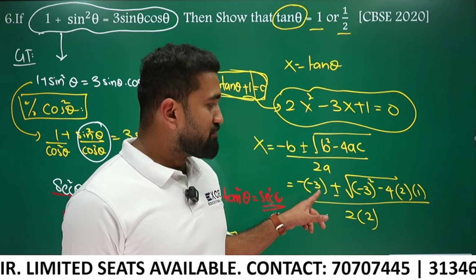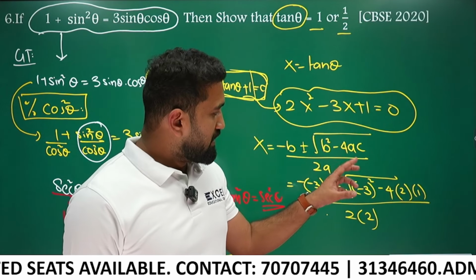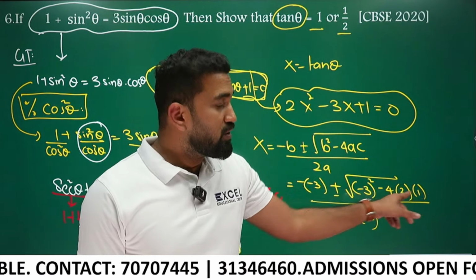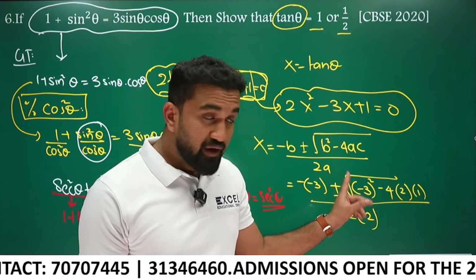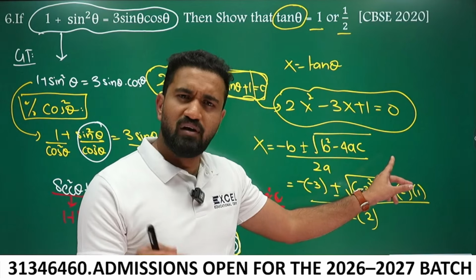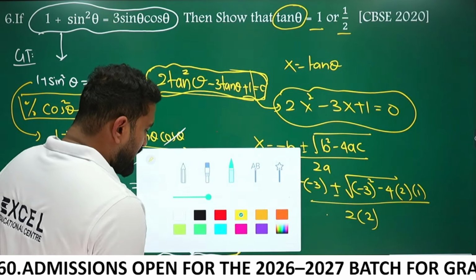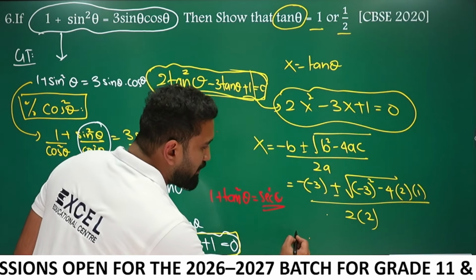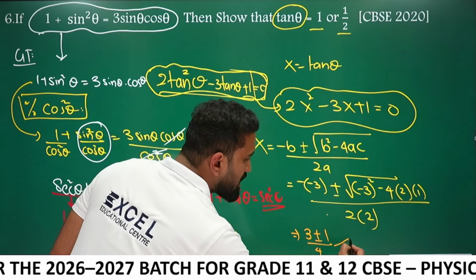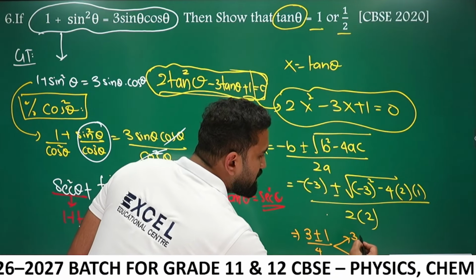Okay, minus of minus 3 plus 3 square or minus 3 square, 9. 4 into 2 into 1 will be 8. So 9 minus 8, which will be 1. Root of 1, 1. So that you can say the entire expression is now modified into 3 plus or minus 1 by 4, which means that it can be either 3 plus 1.